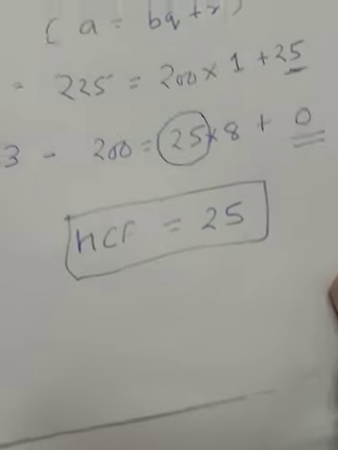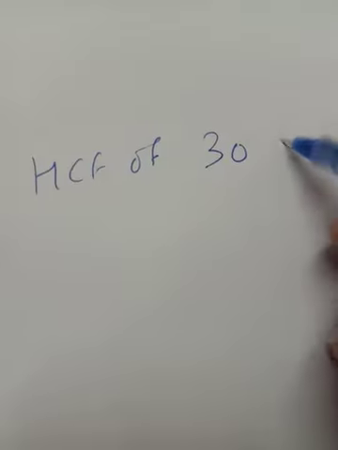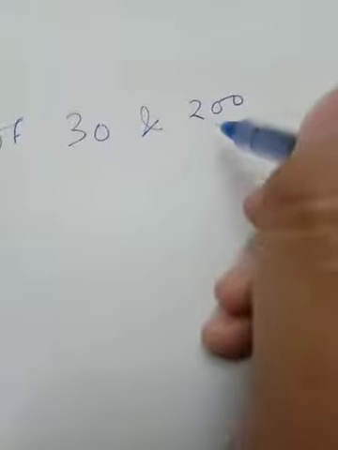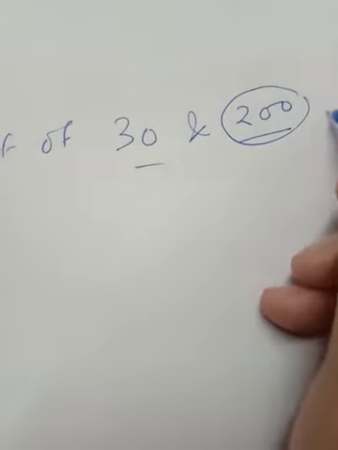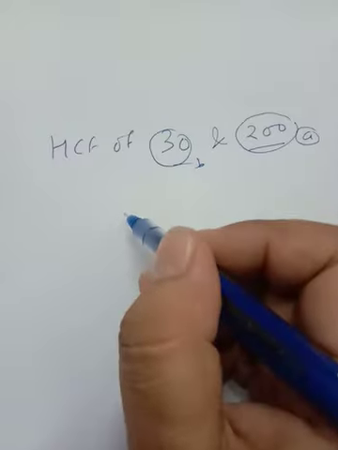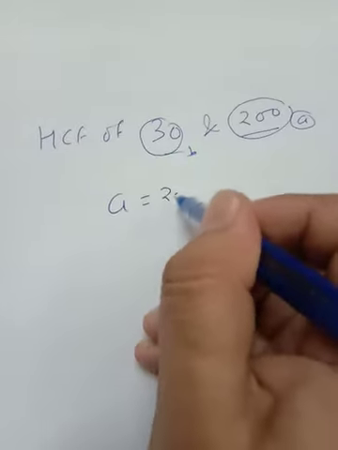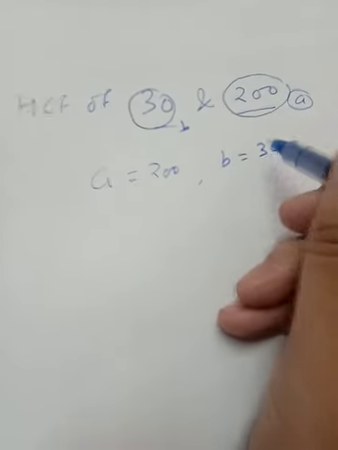So let us take one more example. Let us find the HCF of 30 and 200. Again, the greater number is a and the smaller number is b. So in this case our a is 200 and our b is 30.